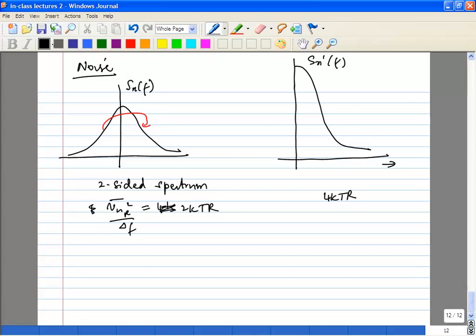Okay, so we just tend to look at the positive frequencies because we never calculate with negative frequencies. Okay, so to get the right noise numbers, you tend to use folded over spectrum. Okay, that is one thing. So that's number one.